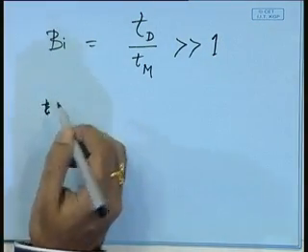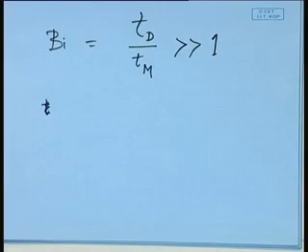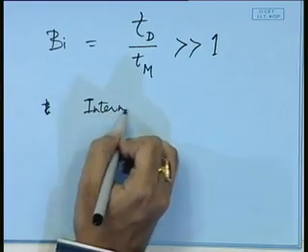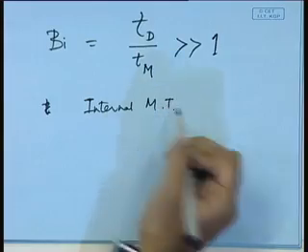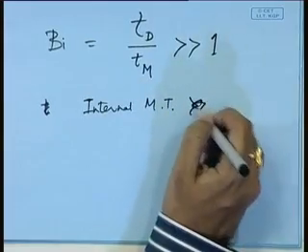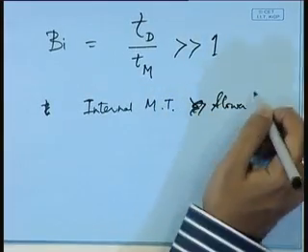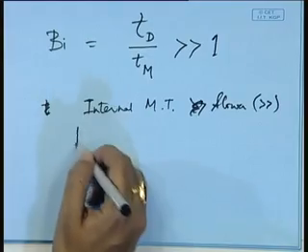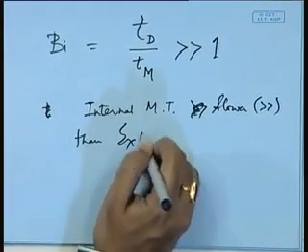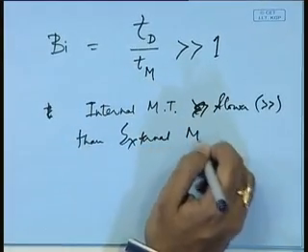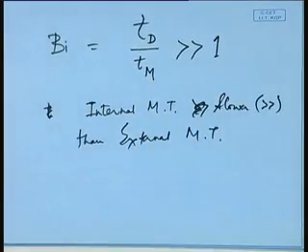what does it mean? Now you should be able to tell. Slower, yeah. Internal mass transfer is much slower. Right. Now, can you make sense of what I am trying to say here?